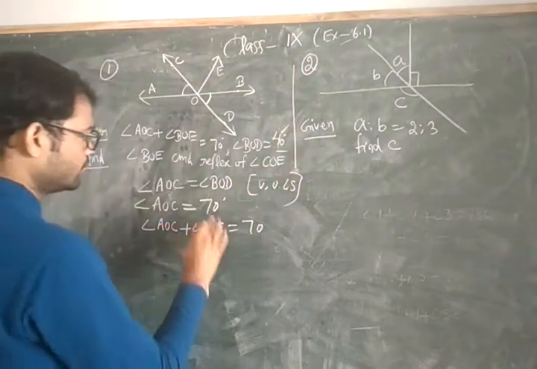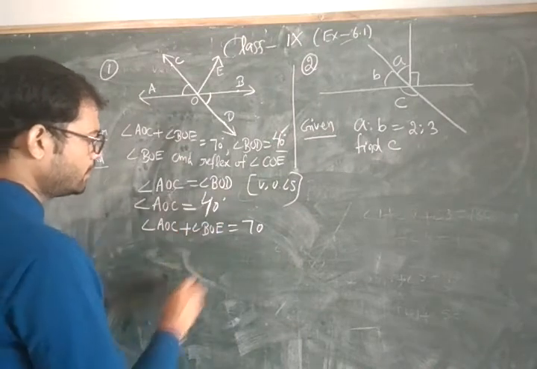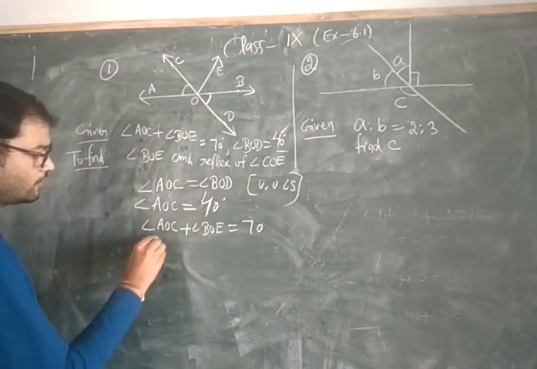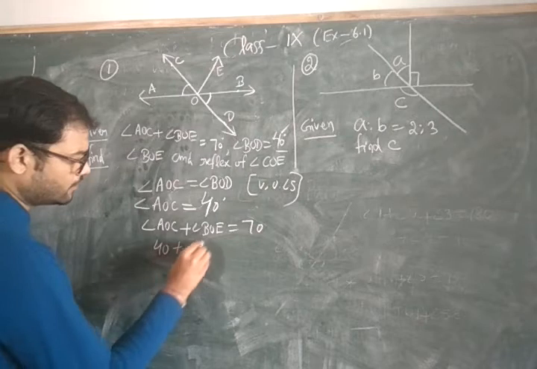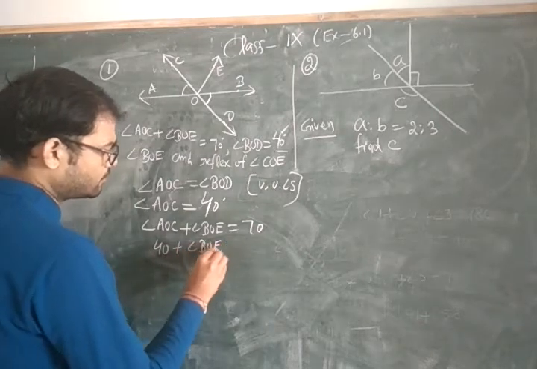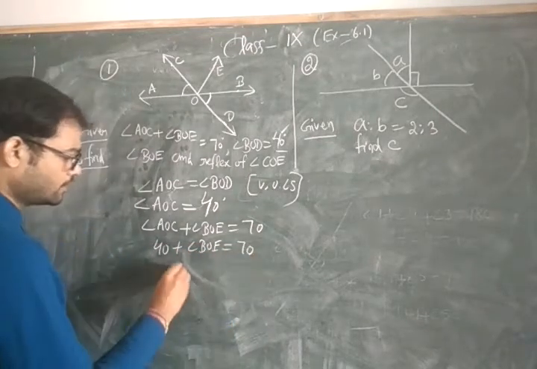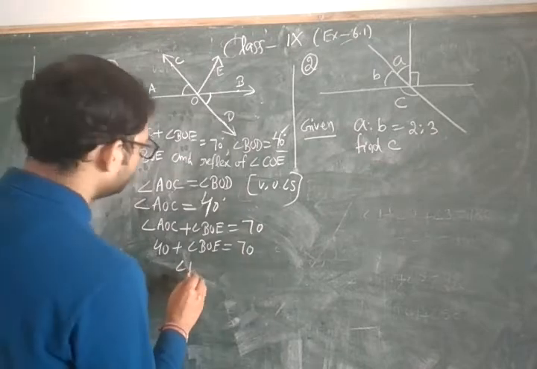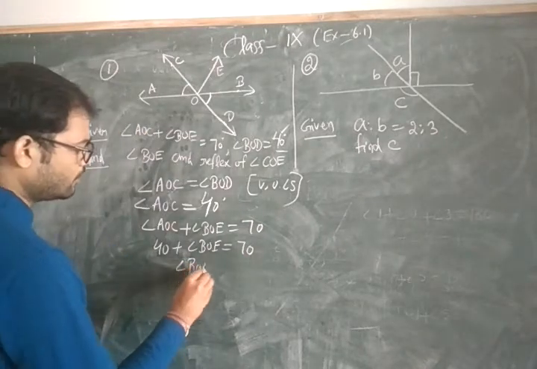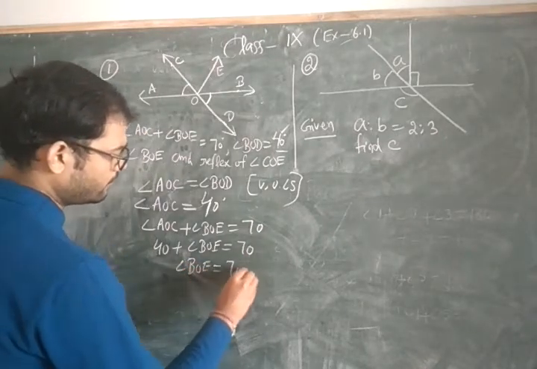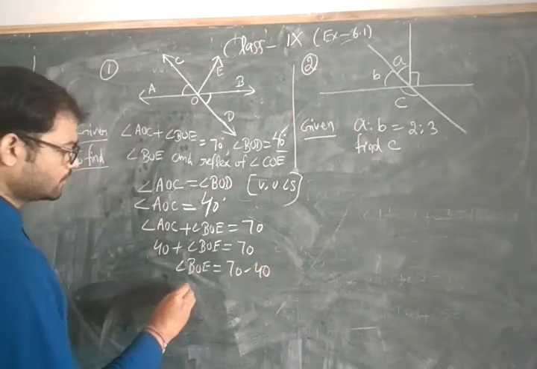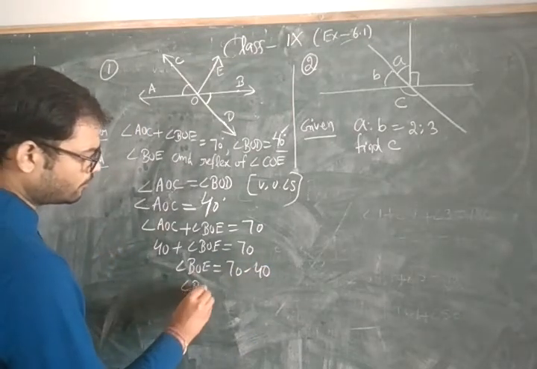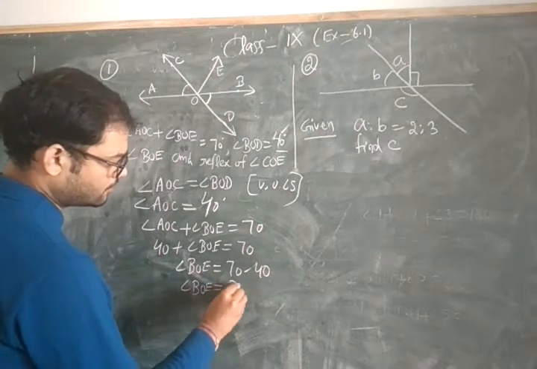So it becomes 40. When you put the value 40 here, 40 plus angle BOE will be 70. So angle BOE is equal to 70 minus 40. So angle BOE is 30.